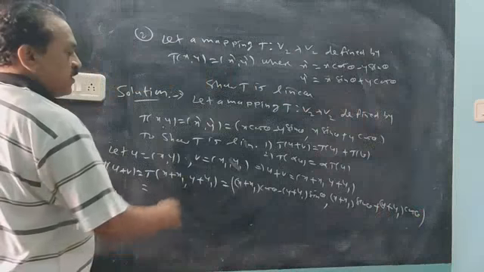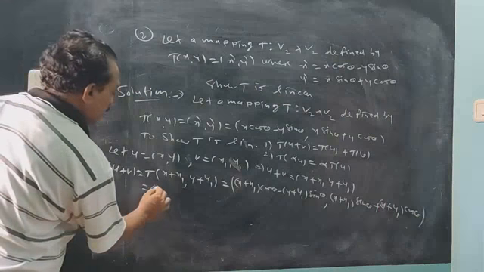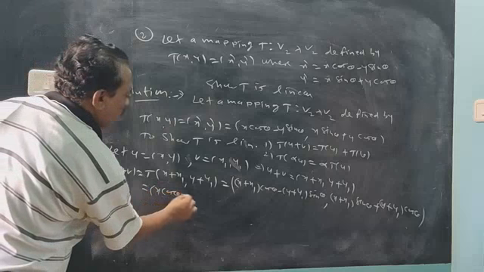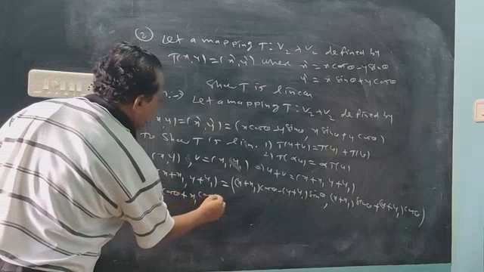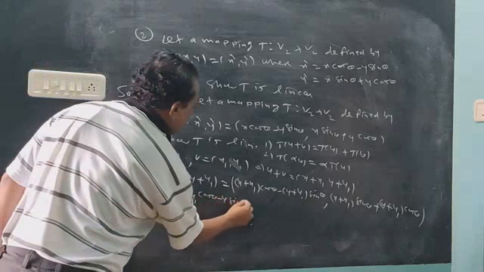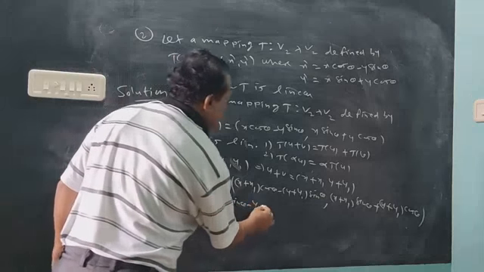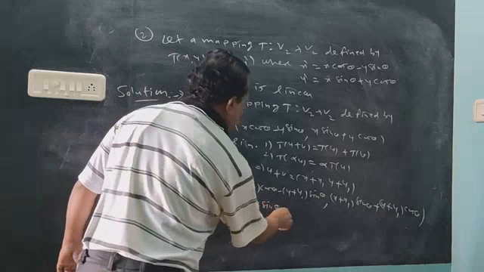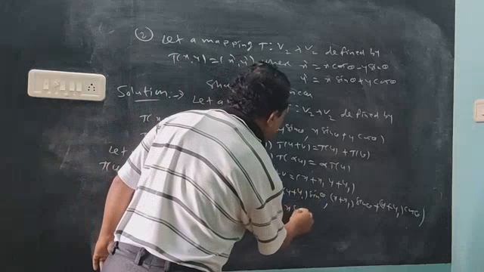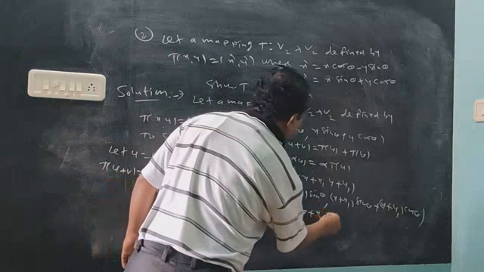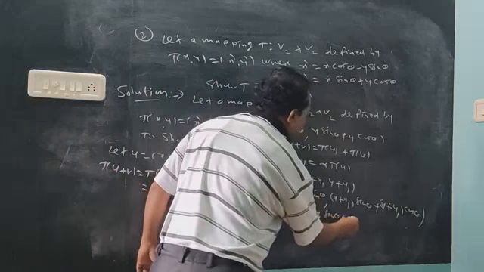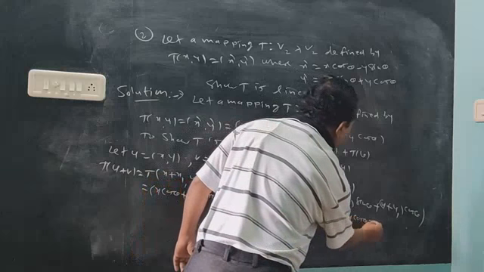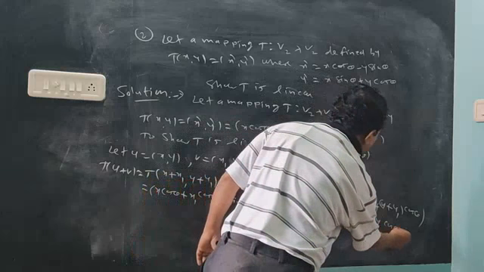Now multiply out: x cos theta plus x1 cos theta minus y sin theta minus y1 sin theta, and second x sin theta plus x1 sin theta plus y cos theta plus y1 cos theta.